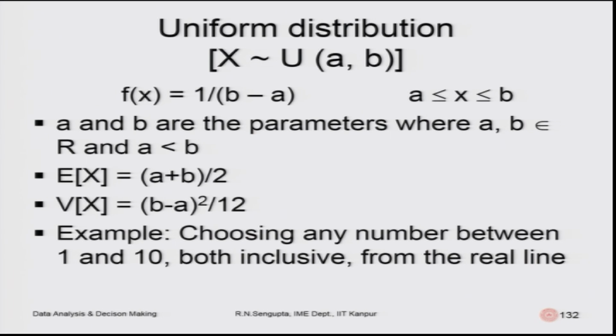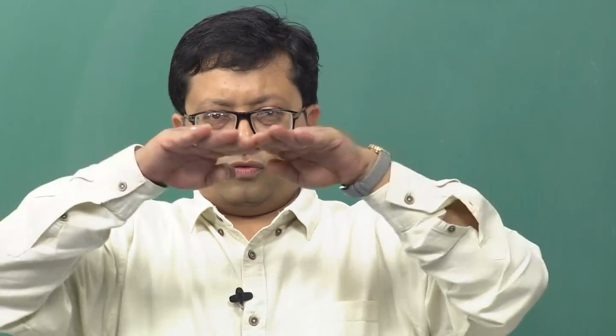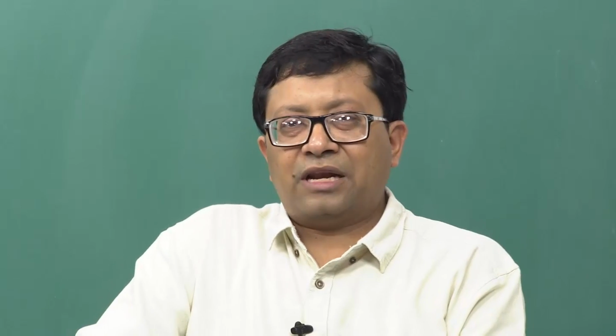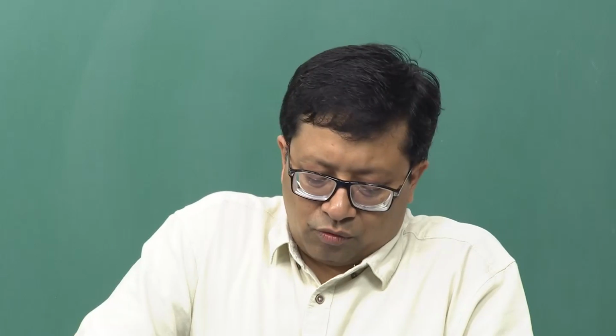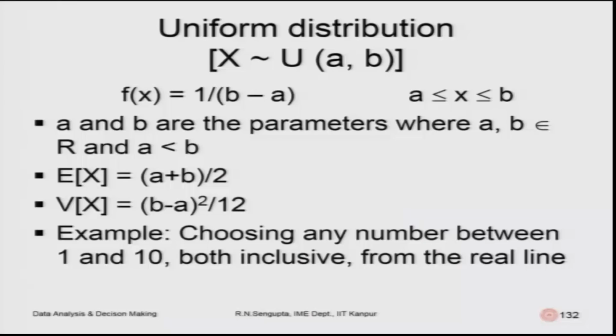The expected value is given by a plus b by 2, obviously the center of gravity. You can understand that if you add up a plus b and divide by 2, you have a uniform distribution and, based on the center of gravity where you can balance the weight, that would be the expected value. The variance is given by b minus a whole square divided by 12. An example is choosing any number between 1 and 10, both inclusive, from the real line.